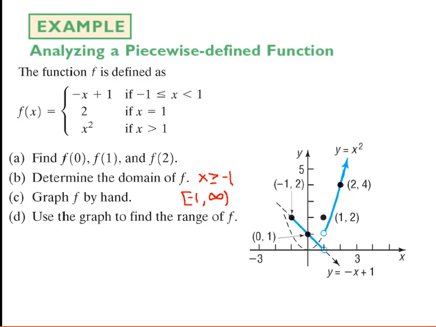Okay? And then the same thing for the range. So let's look at the range visually here. So the range, it looks like the smallest y value I have is y equals 0, but I can't even really include y equals 0 because of that open hole. So it looks like y being greater than 0, not greater than or equal to. So I get y's on this graph that are greater than 0.